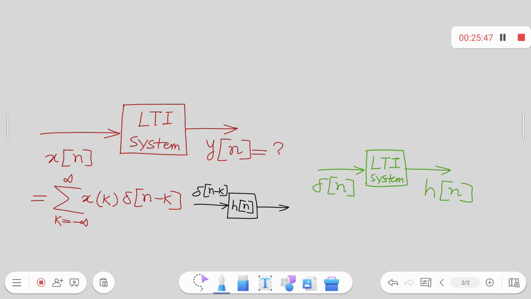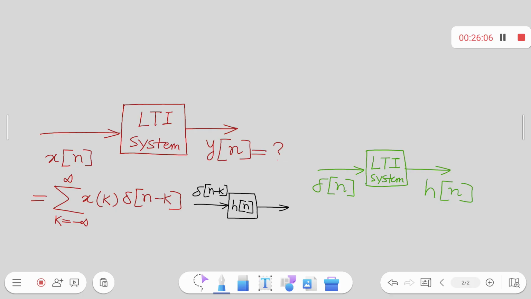So what is the description of the time invariance property? If the input is shifted by some amount, you will be getting the same output shifted by the same amount.